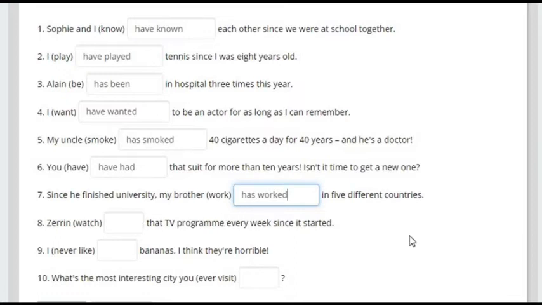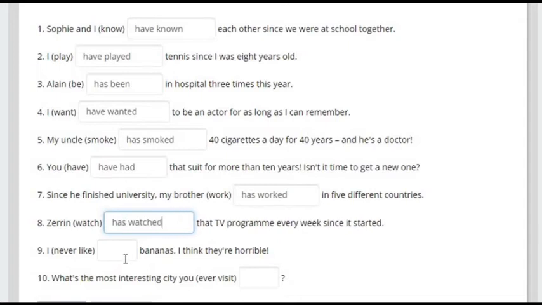Good. 3 sentences left. Zarin watched the TV program every week since it started. So the right answer is, so auxiliary verb has and we put ending -ed to the verb, so has watched.